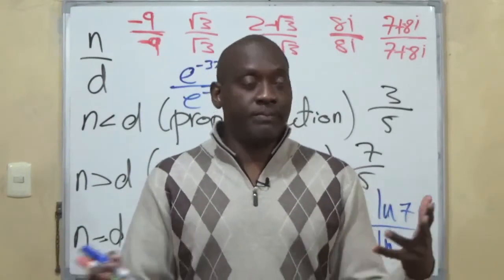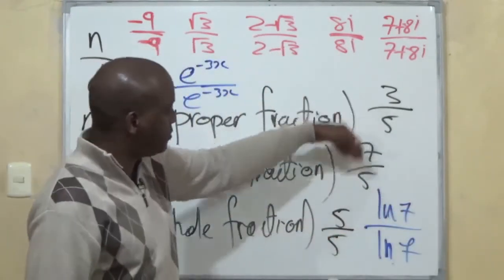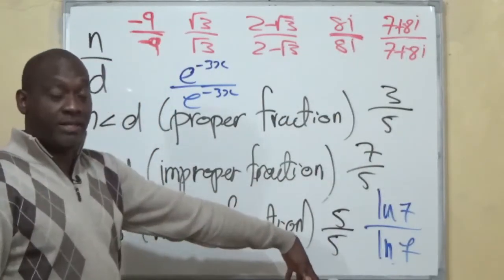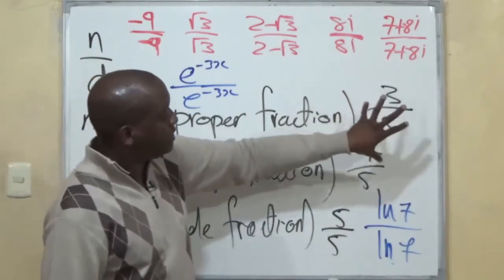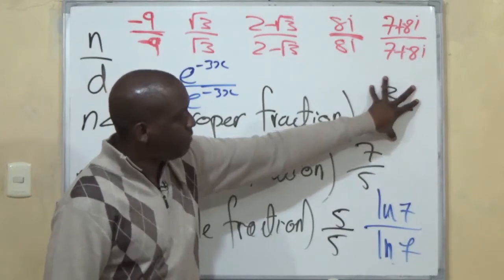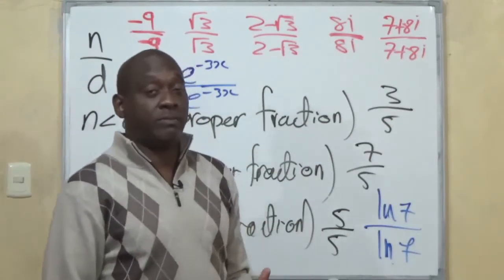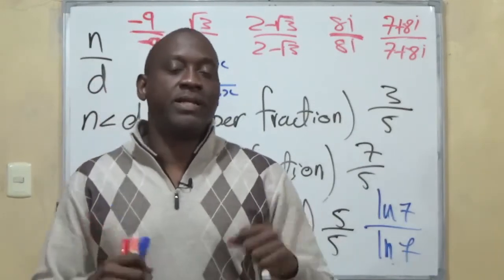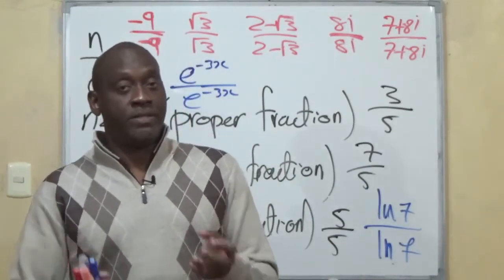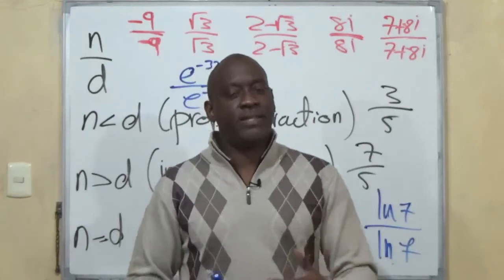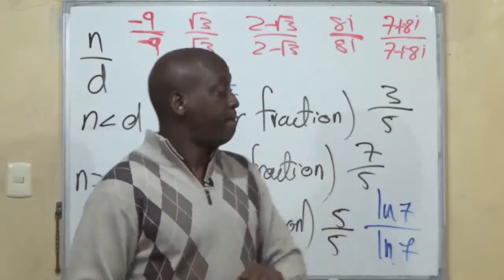1 is a whole. Let me go back to these 3 examples just to illustrate that. So with a proper fraction, 3/5, that would be less than 1. As a decimal, that would be 0.6. 0 wholes, 6 parts out of 10, 0.6.